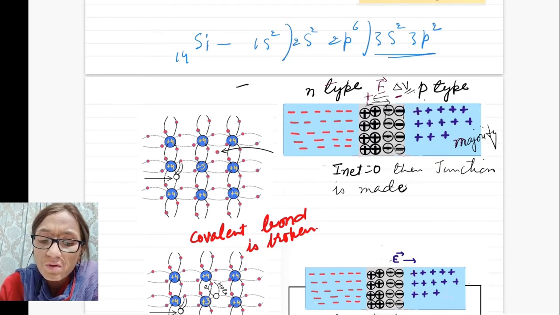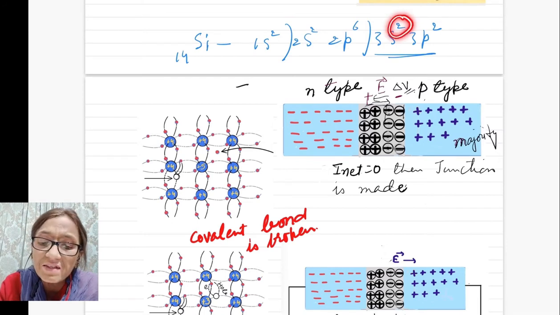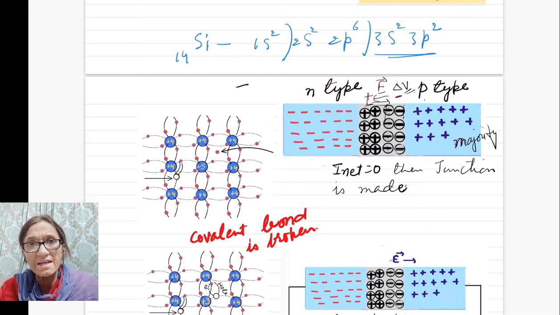So in the last shell you have 4 valence electrons. Each silicon atom is sitting with its 4 valence electrons, and you have one impurity atom of pentavalent kind. One example is phosphorus, which has 5 electrons in the outermost shell.